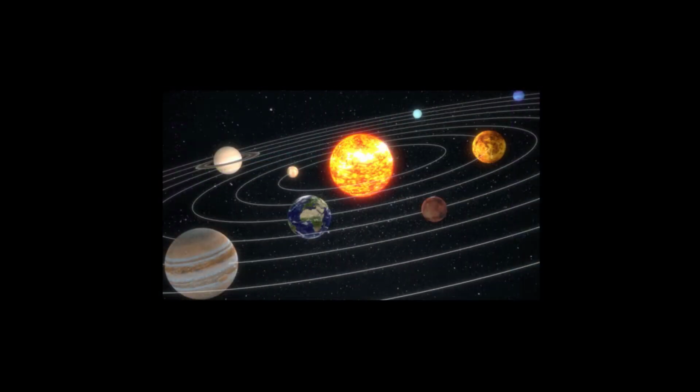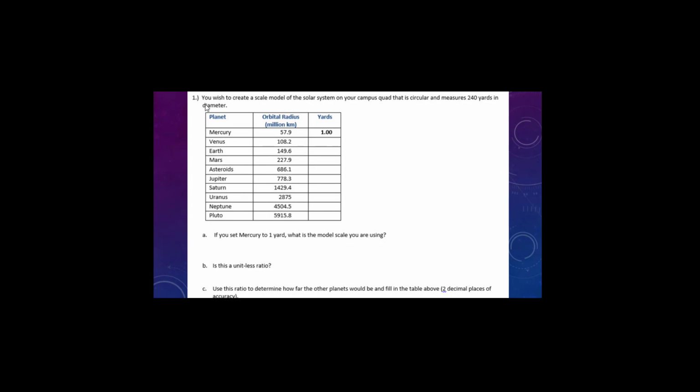So here we're going to create a scale model of the solar system. And we're going to set it so that from the center of the sun, as we make this model, it's going to be 1 yard away.